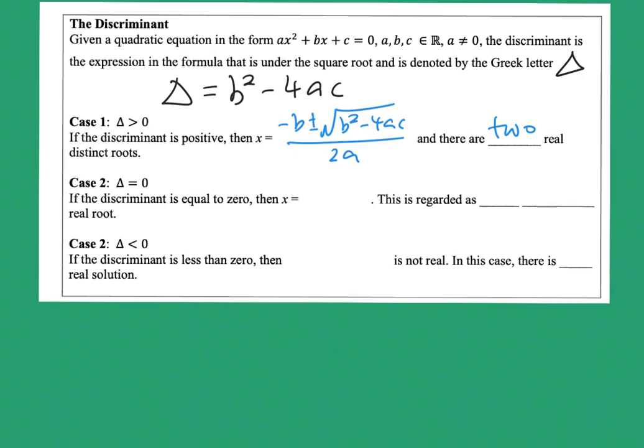In case 2, when your discriminant is equal to 0, then x is equal to -b over 2a, and this is regarded as one repeated real root. And in case 3, when your discriminant is less than 0, then the square root of b squared minus 4ac is not real. In this case, there is no real solution.